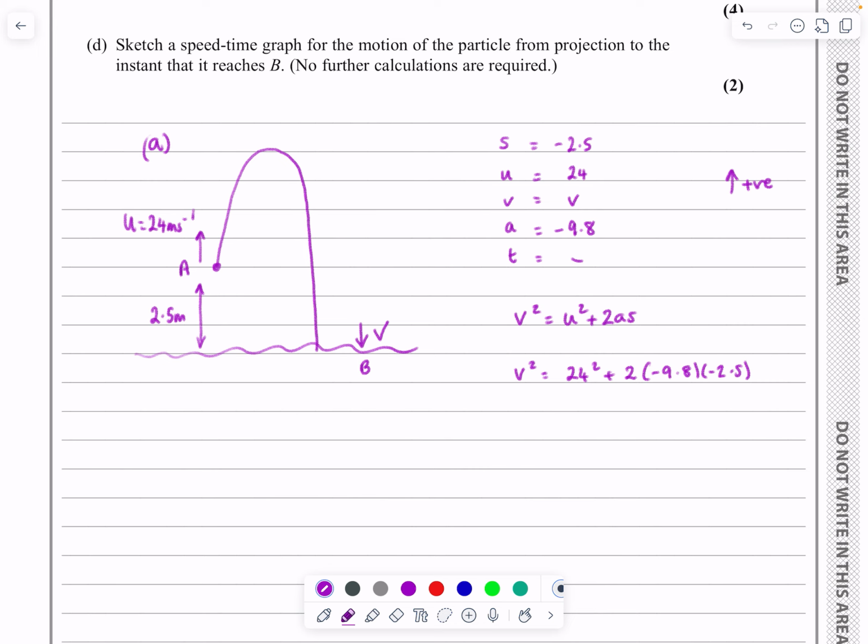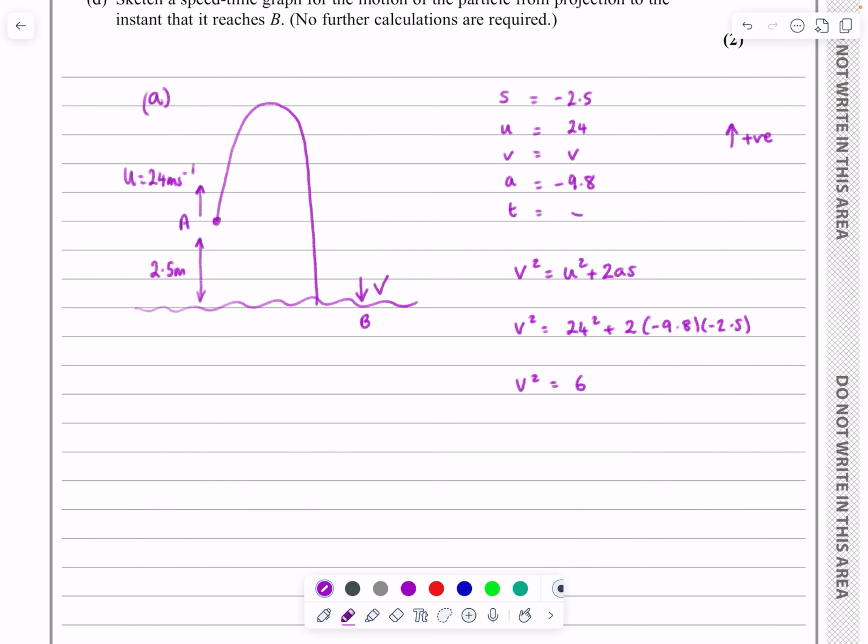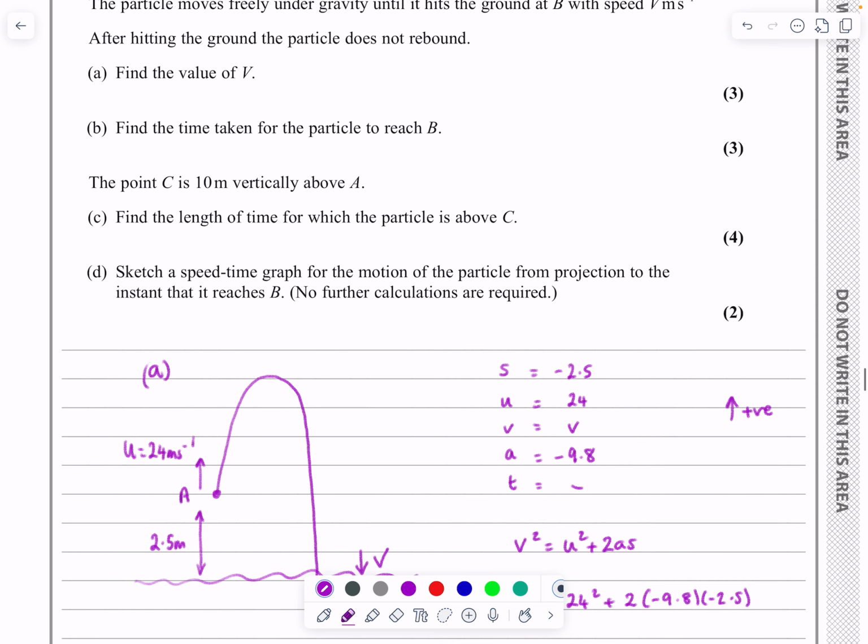If you tidy all that up, V squared works out to be 625, which means that V works out to be 25 meters per second. So when it hits the ground, it's going at a speed of 25 meters per second downwards into the ground.